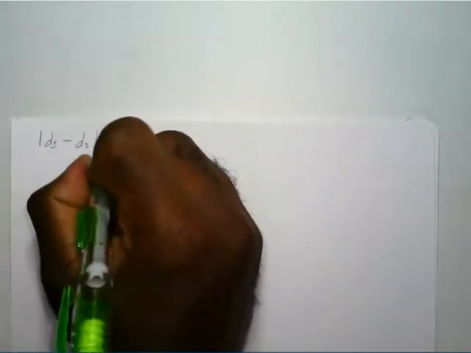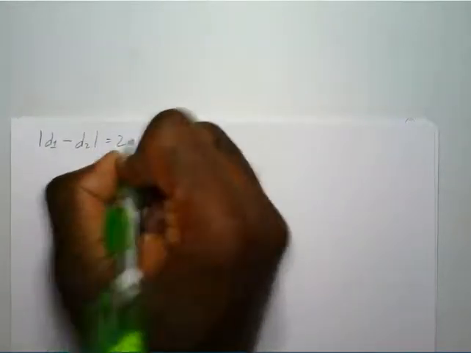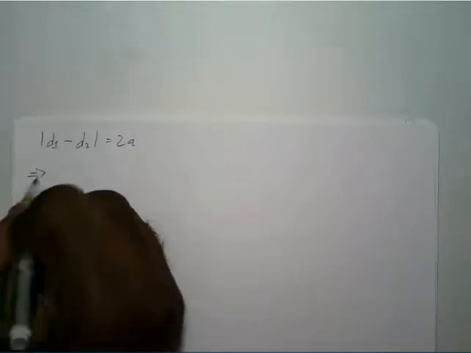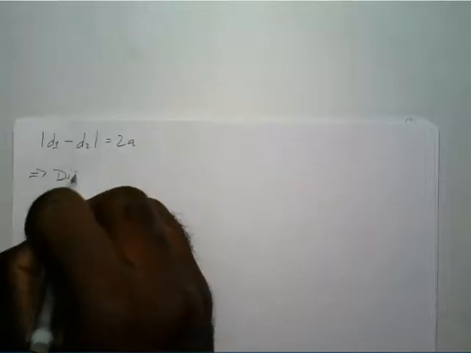That means the difference between distance 1 and distance 2 is equal to 2a. Since we're talking about distance so much, we're going to use the distance formula.